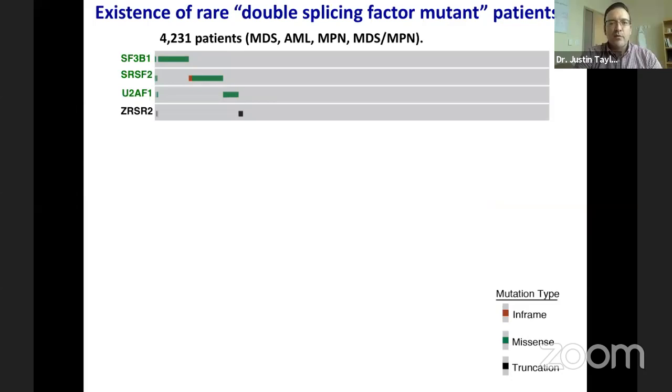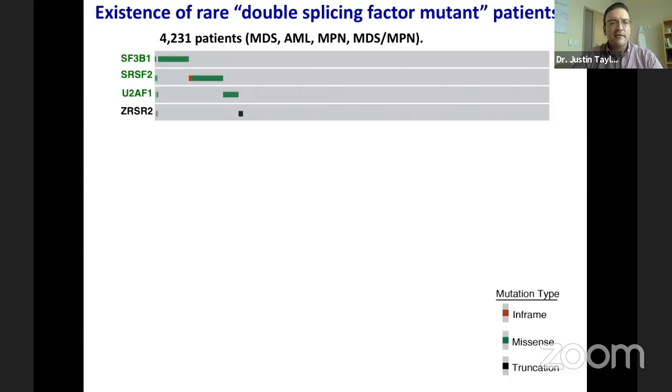So we put together this cohort from published data, as well as an additional 1,000 plus patients from Memorial Sloan Kettering that had been unpublished, to get a total of 4,231 patients with myeloid malignancies, including MDS, AML, and MPN, and some overlap patients.